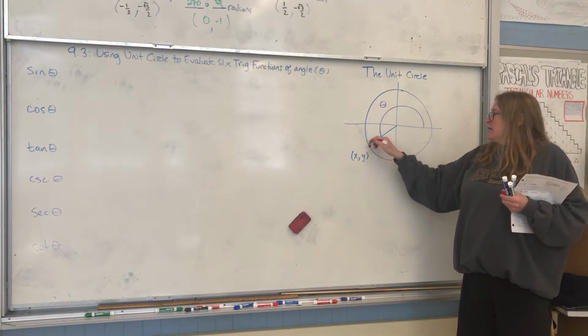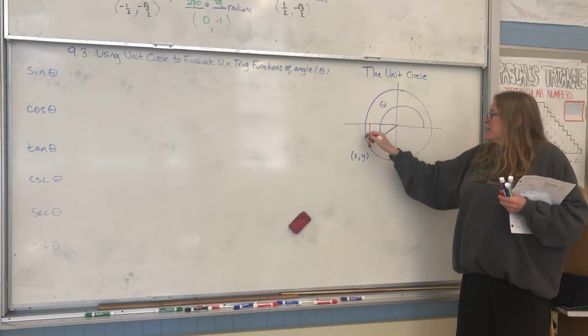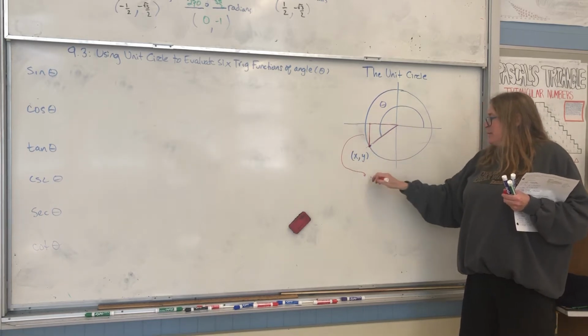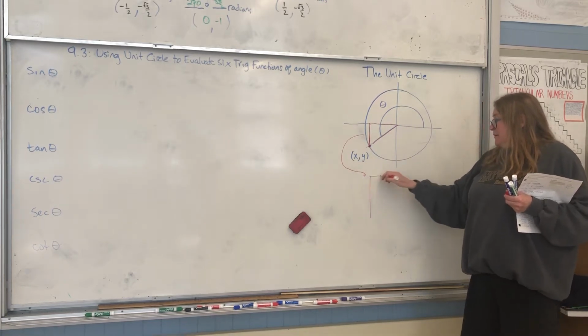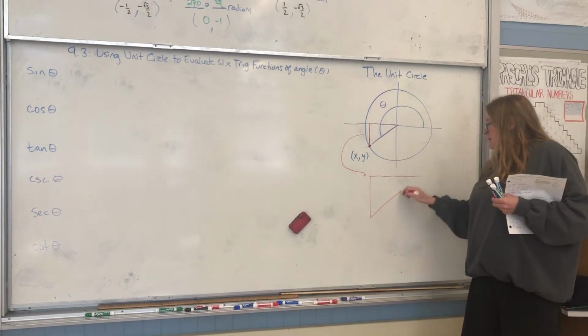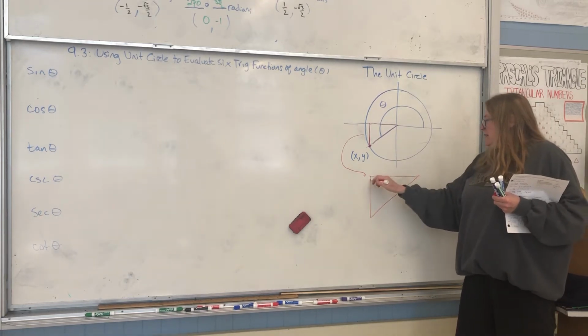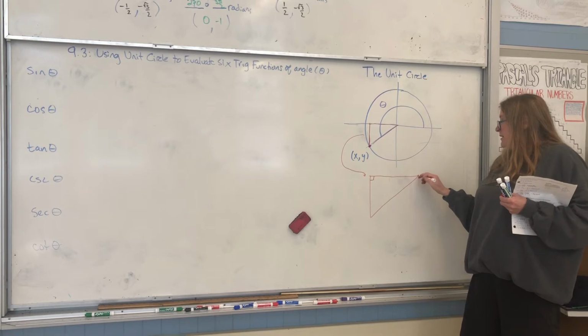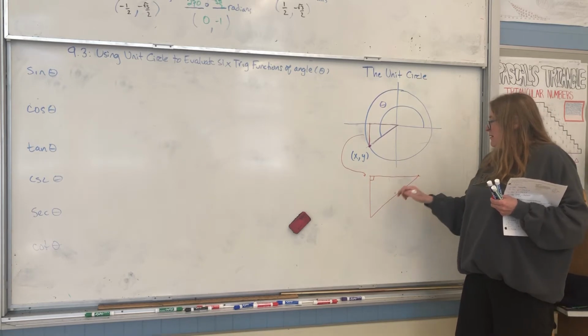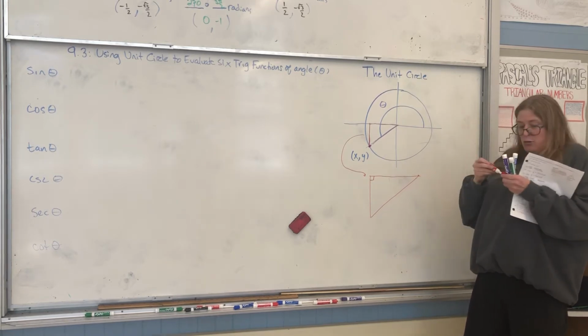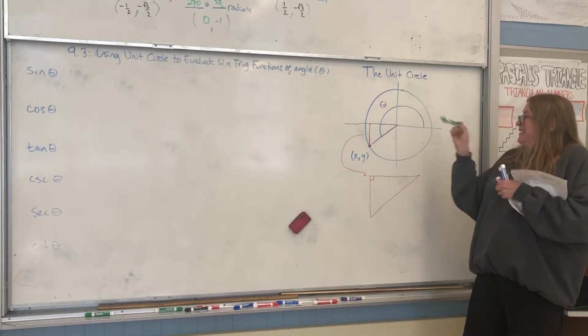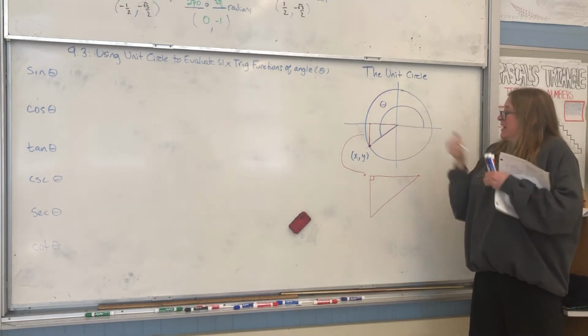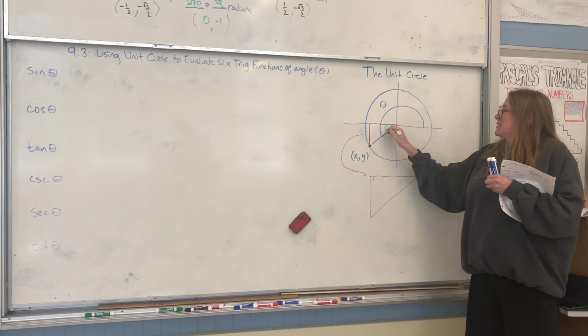So watch what I'm going to do, guys. I'm going to draw this triangle right here, and I'm going to bring it down here so it's a little bit bigger. So this is 90 degrees, so I'm trying to draw exactly here. Okay, so the cool thing is, even though the angle theta is outside here, we can actually find the 6 trig functions.